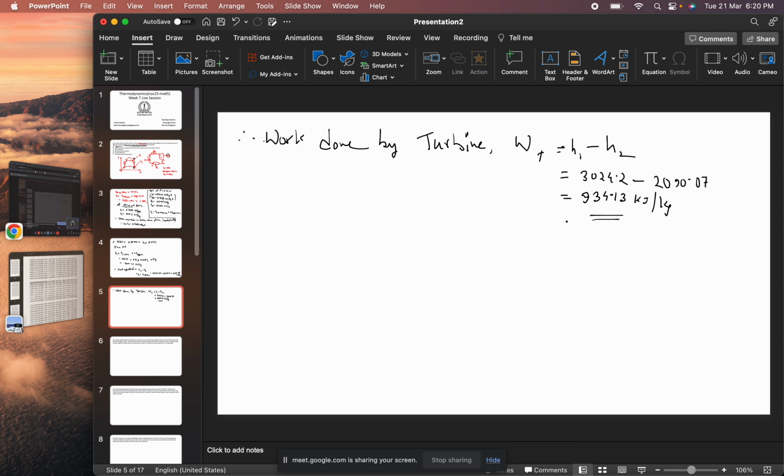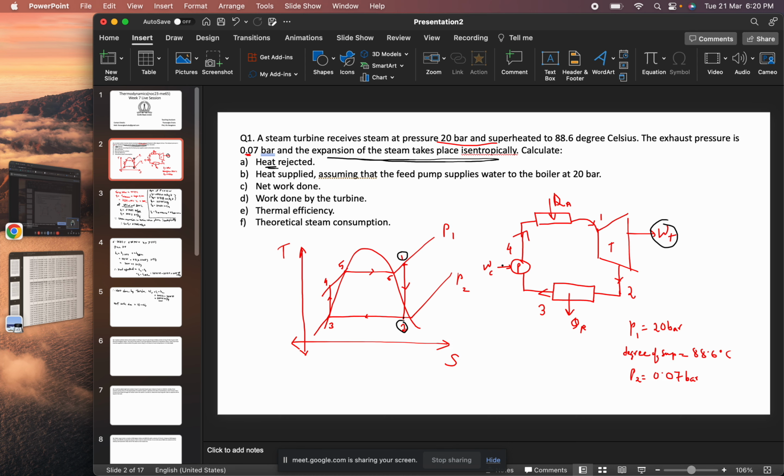Then what will be the net work done? Net work done is the work done by the turbine minus the work required by the pump. The pump is also requiring work. Now how to calculate pump work?